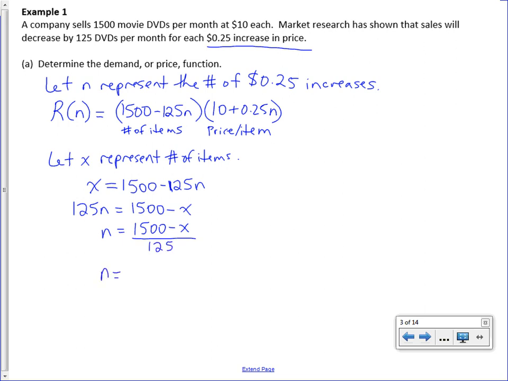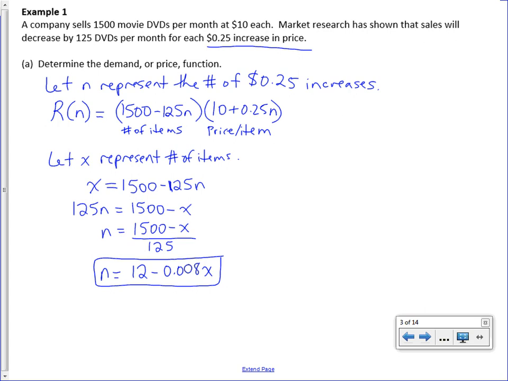If you divide 125 into both of these pieces, 1,500 divided by 125 is 12, and 1 divided by 125 is 0.008. So that's N. You now have N in terms of X.